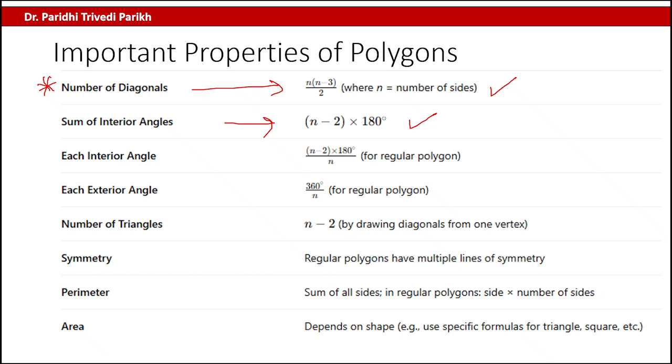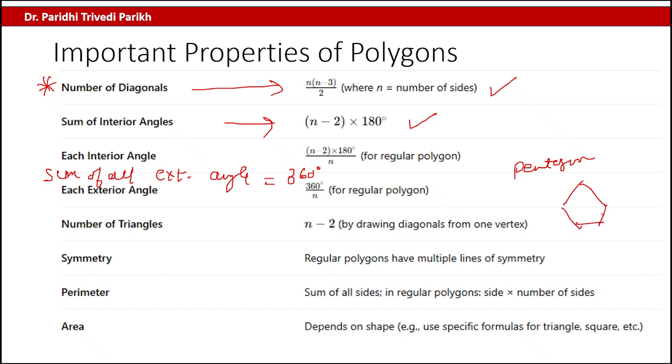Each exterior angle will be 360 degrees by n, because the sum of all exterior angles of a polygon is 360 degrees. So each exterior angle will be 360 by n degrees, where n is the number of sides. Let's say I have a pentagon.